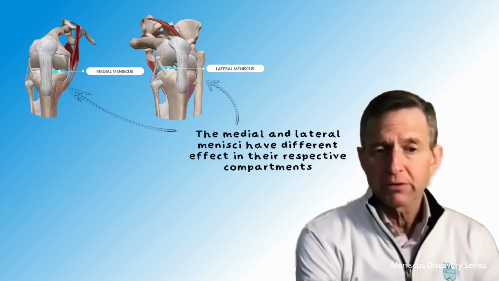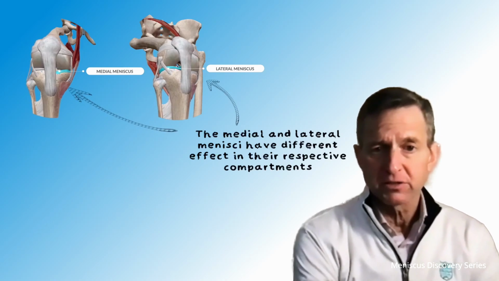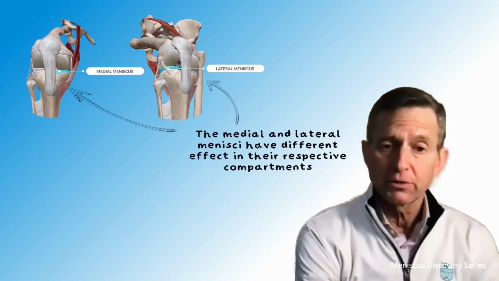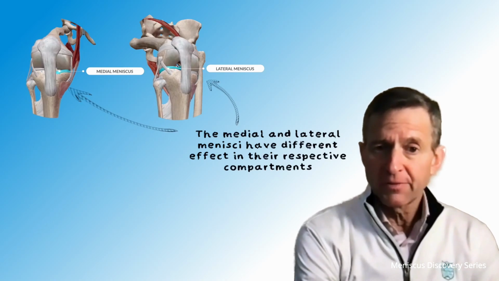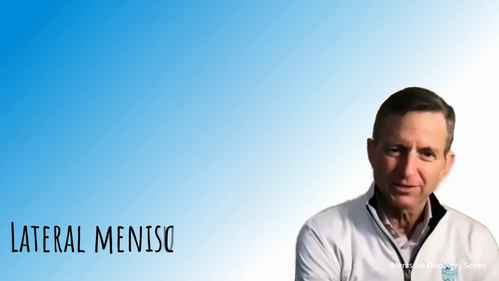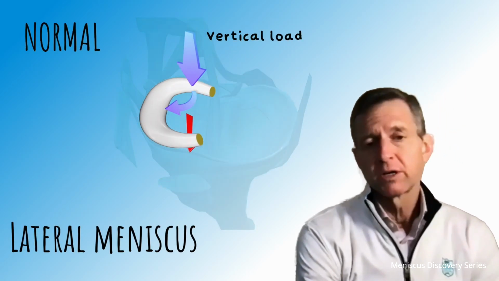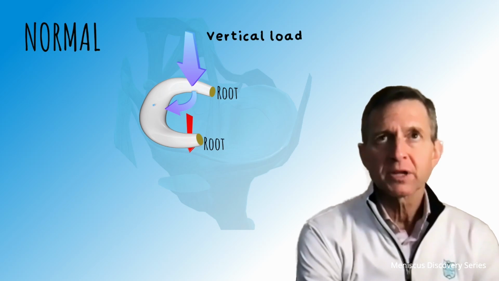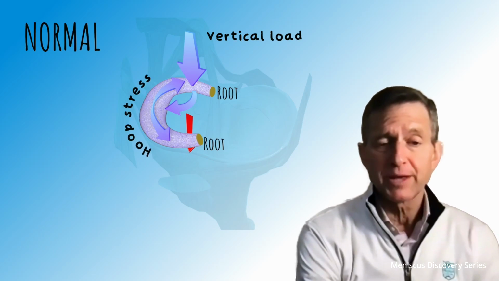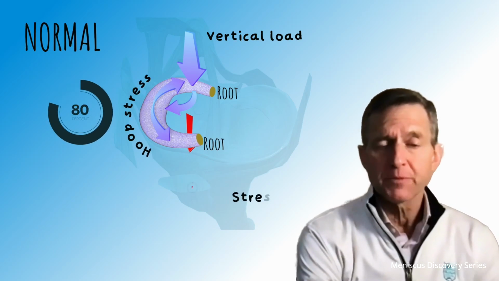Now, there's a medial and a lateral meniscus. The lateral meniscus actually transmits more of the load in the lateral compartment than the medial meniscus transmits in its medial compartment. For example, in the lateral compartment, when we put weight on our leg and walk, the lateral meniscus transmits approximately 80% of the load across the knee.